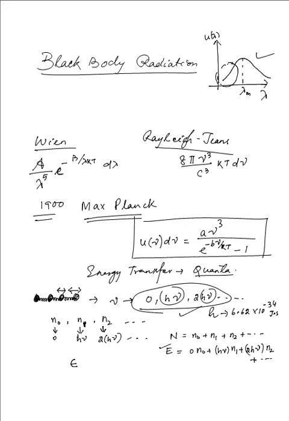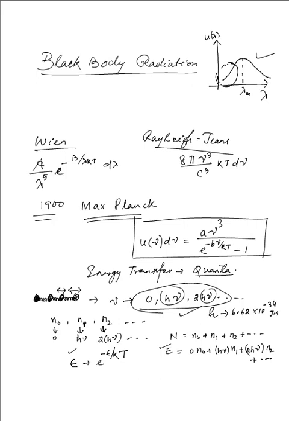According to that Maxwellian distribution law, the number of oscillators with energy epsilon will be proportional to the Boltzmann factor, which is given by e raised to the power minus epsilon by kT, where k is the Boltzmann constant and T is of course the absolute temperature.